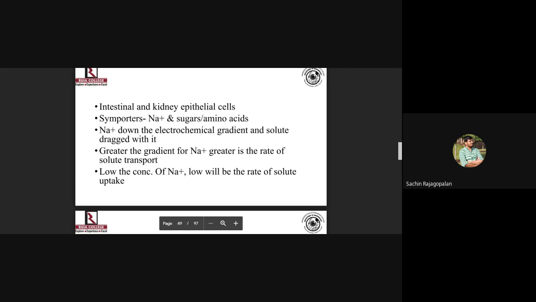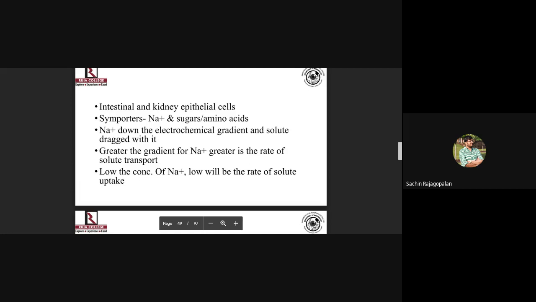So remember, cell always will throw that excess sodium outside using an antiport mechanism, so that that lower concentration of sodium is always maintained. तभी तुम solute को अंदर खींच सकते हो, in favor of the electrochemical gradient.